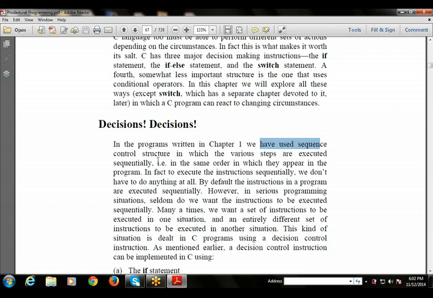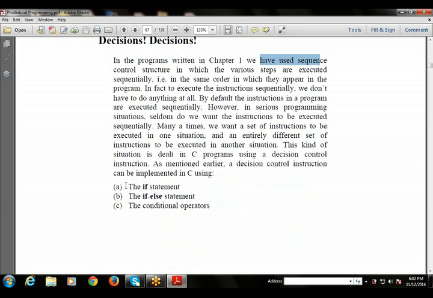There is no sequential flow here; there are some conditions or scenarios in which C programs use conditions, known as decision control instructions. As mentioned earlier, a decision control instruction can be implemented in C using the if statement, the if else statement, and the conditional operator.